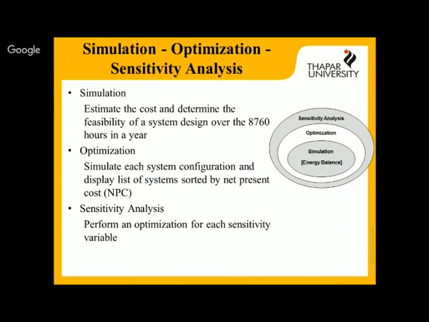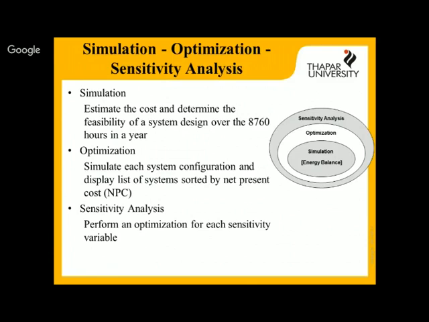It sorts all these optimization systems by net present cost. Net present cost means cost of electricity; somewhere they are related, the net present cost of the system and the cost of electricity that will come out of the total system. Sensitivity analysis performs an optimization for each sensitivity variable. Let me give you one example. Suppose tomorrow the fuel cost changes.